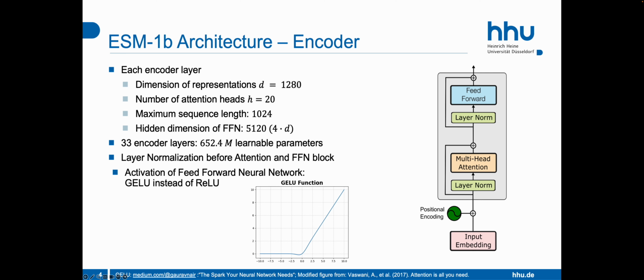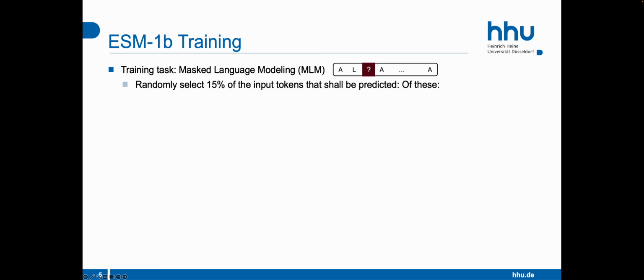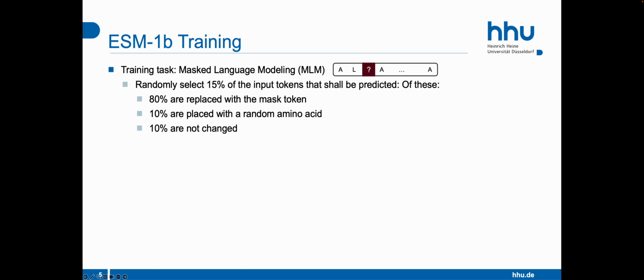This model was trained for the mask token prediction task, and similar to what we have seen before, they have selected randomly 15% of the input tokens, which they want to predict with the model. However, instead of replacing all of these tokens with the same mask token, they only replaced 80% with the mask token. 10% of the selected tokens were replaced with a random amino acid, and the remaining 10% were left unchanged.